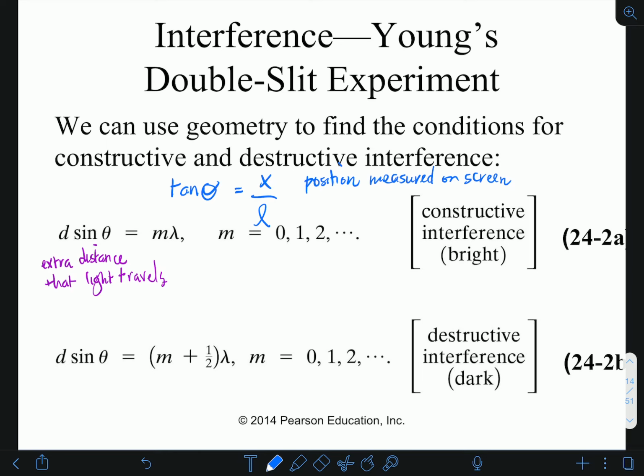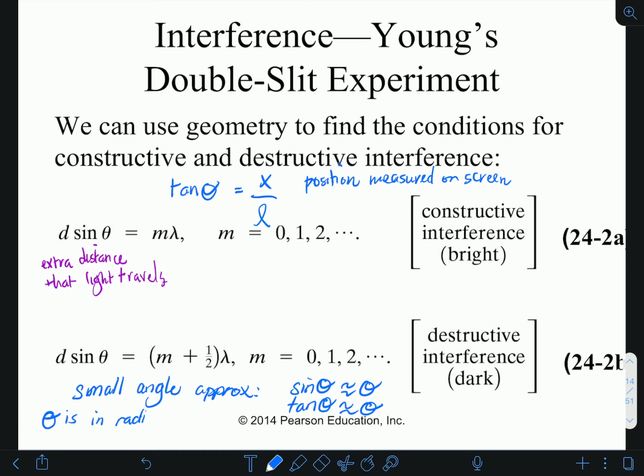Now there's one more thing to do, and that is the small angle approximation. Because theta is very small, we can say that sine theta is approximately equal to theta, and tan theta is approximately equal to theta, but where theta is in radians.